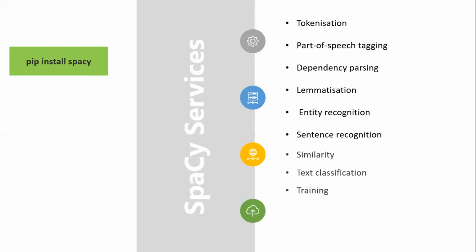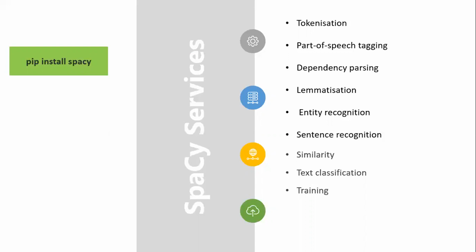It is assigning dependency labels describing relationships between individual tokens, like subjects or objects. Lemmatization, assigning the base forms of words. For example, the lemma of the word was is be, or the lemma of rats is rat. Interest is the lemma of interesting, interested, and so on.